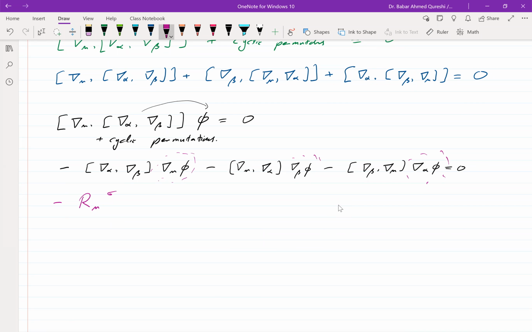So you get this minus rho mu sigma alpha beta d sigma phi.